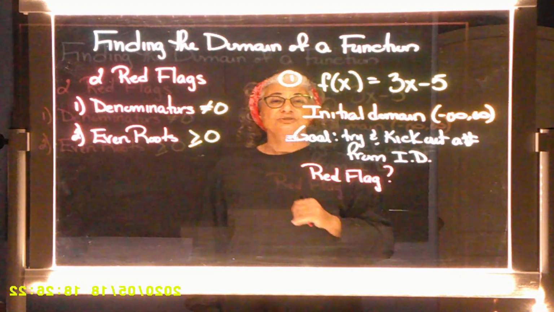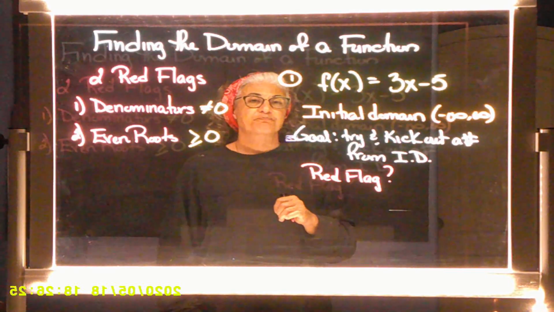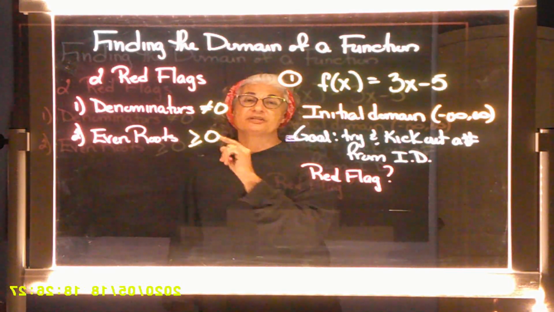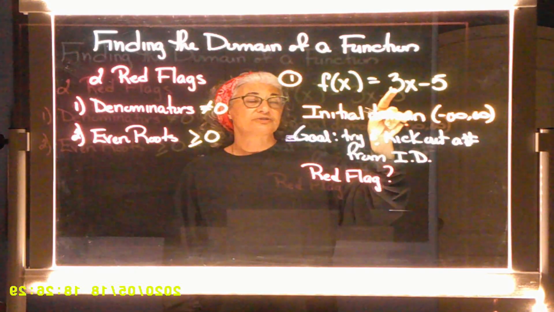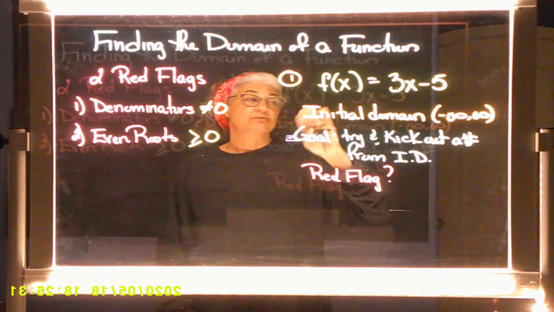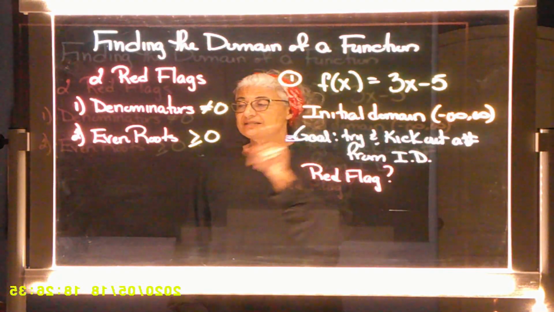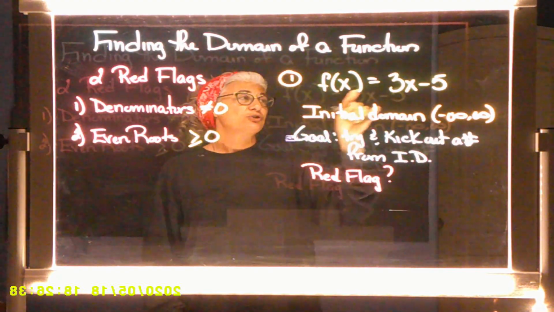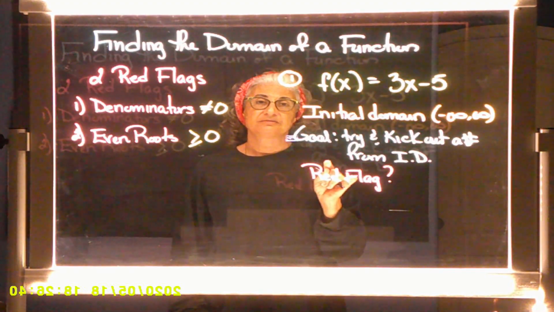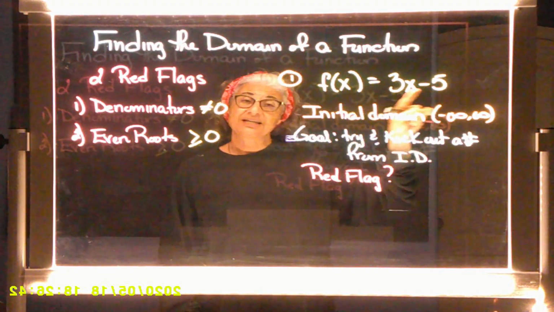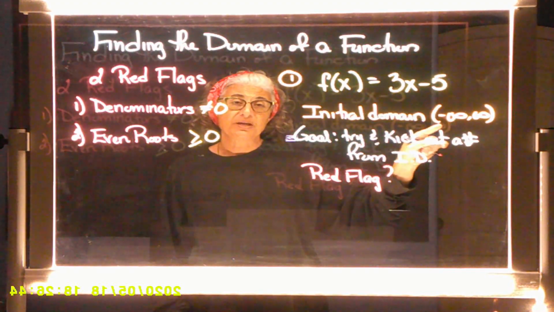Well, gratefully there's only 2 of them. So let's find out. First red flag is a denominator. Do I have any denominators in this function? No. So no one's getting kicked out of this initial domain. Second red flag is an even root. Do you have an even root here? No, you don't. So you're not kicking any numbers out of this initial domain.